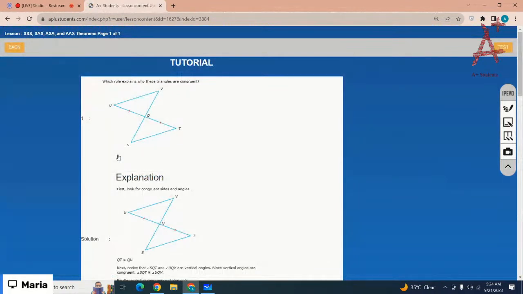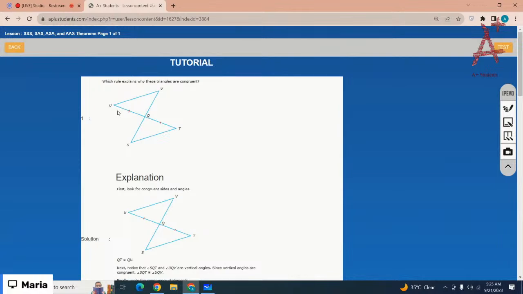Okay, which rule explains why these triangles are congruent? You can see QT and QU are congruent, right? That means angle SQT and angle VQU are also congruent, right?